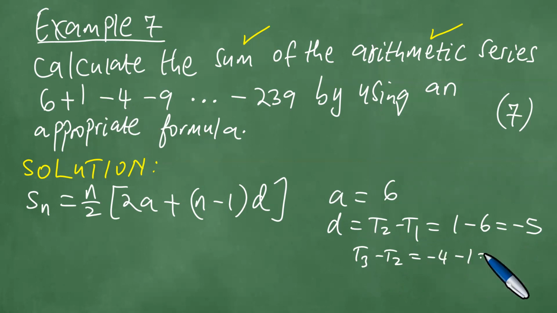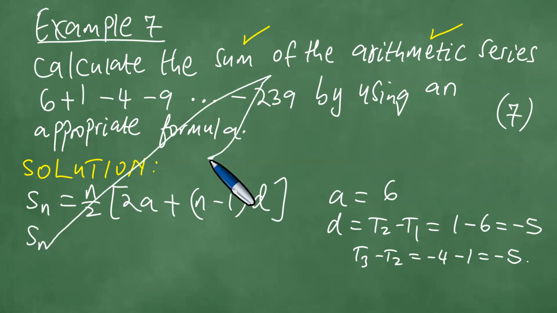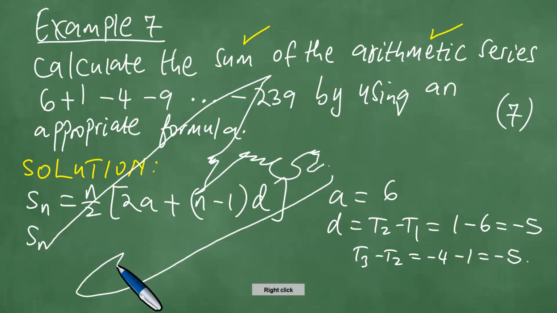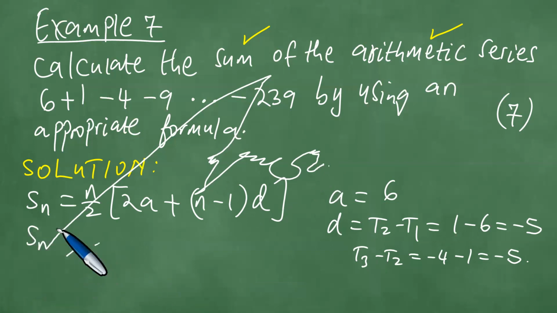T3 is this, minus 5. So we want the sum. Just one sec. I'm going to clean this up.